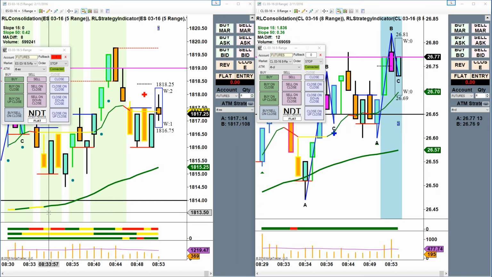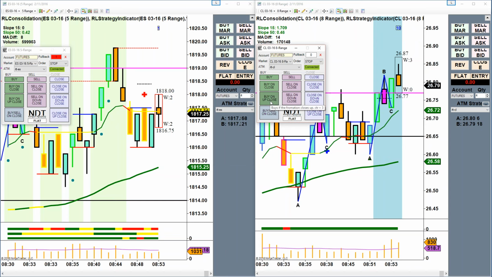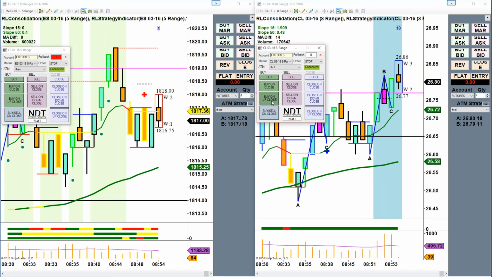Now we're 4 ticks off support on crude. We're going to buy an up close on crude. Well, for some reason, the system rejected the order.